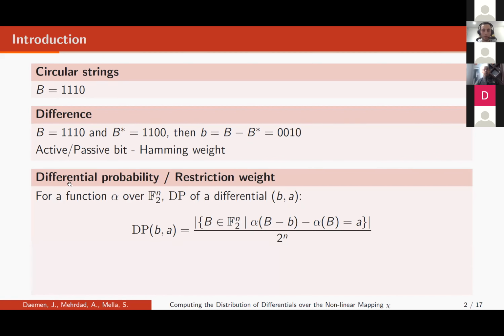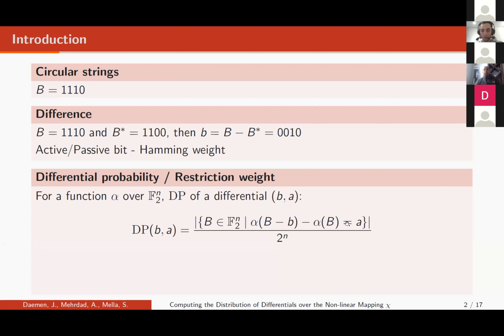The next thing is differential probability and restriction weight. Let's say we have a function alpha that works over F2 to the n, and then the differential probability of a differential, which is a difference before alpha and after alpha, is equal to the number of strings b in F2 to the n such that alpha applied to b and b minus b star gives the output difference a.